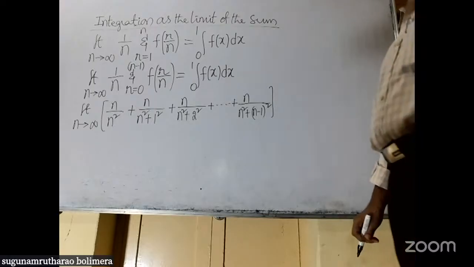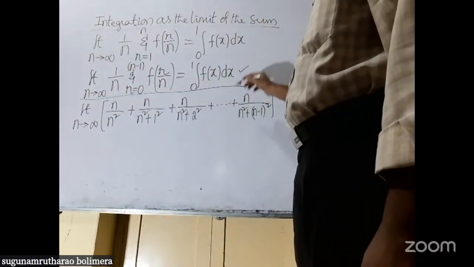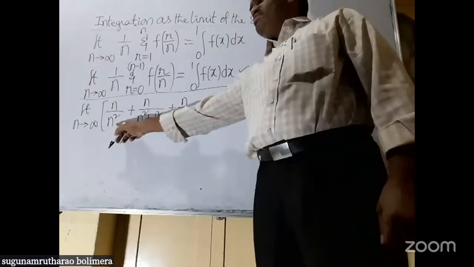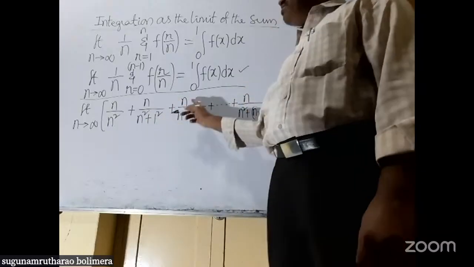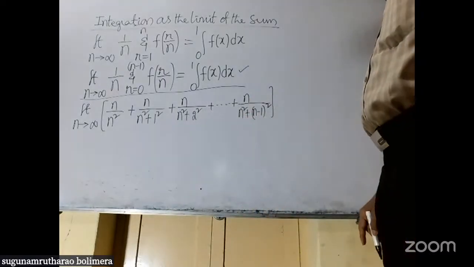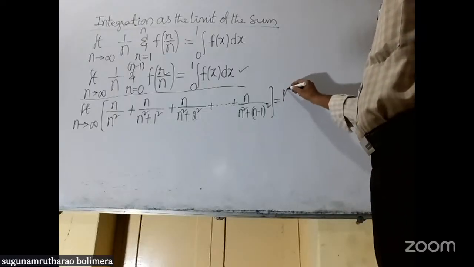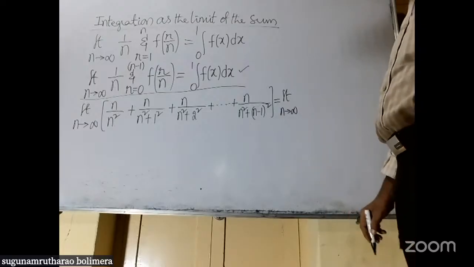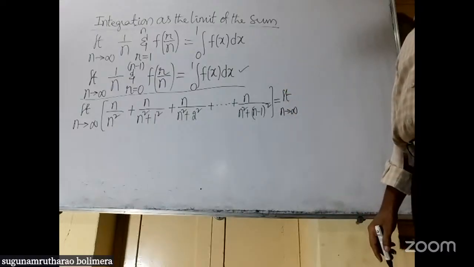So here it is just like the topic above, r from 0 to n minus 1. So n by n squared plus 0 squared, n by n squared plus 1 squared, n by n squared plus 2 squared, and so on, up to n by n squared plus n minus 1 whole squared. Among all the numerators, you are having n.